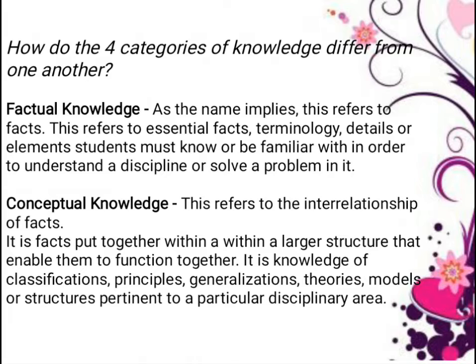Whereas conceptual knowledge refers to the interrelationships of facts. It is facts put together within a larger structure that enables them to function together. It is knowledge of classifications, principles, generalizations, theories, models, or structures pertinent to a particular disciplinary area.